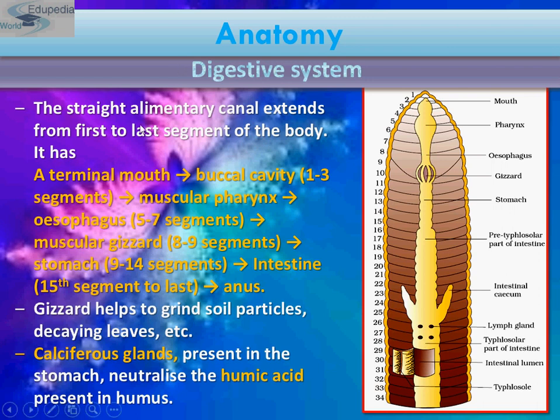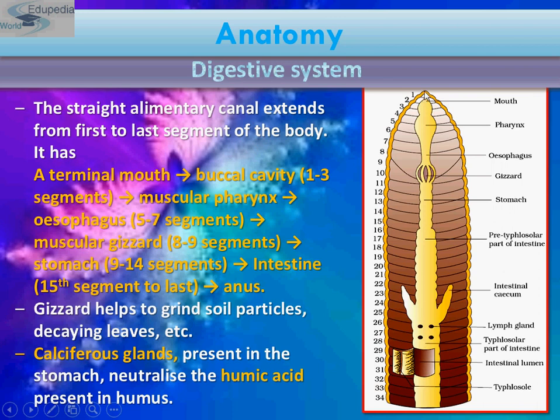Now I'm again explaining that the digestive system of the earthworm is partitioned into many regions, each with a certain function. The straight alimentary canal extends from the first to the last segment of the body. It has a terminal mouth, which is present in the prostomium. Remember, students?